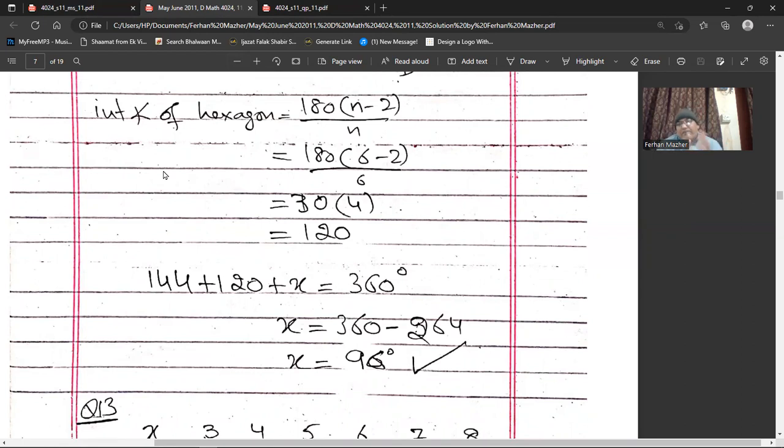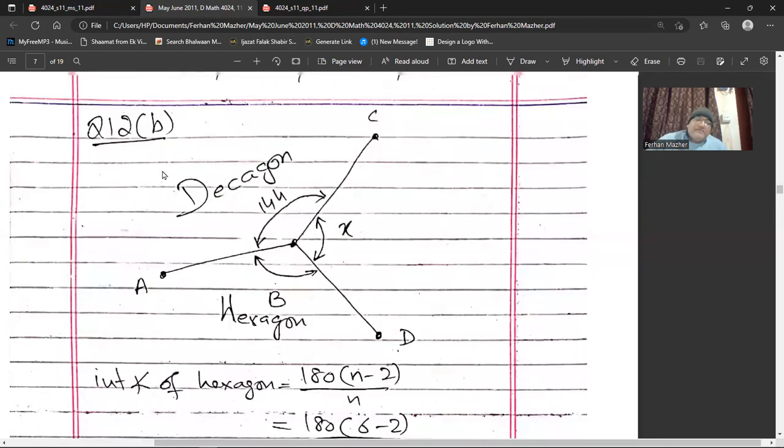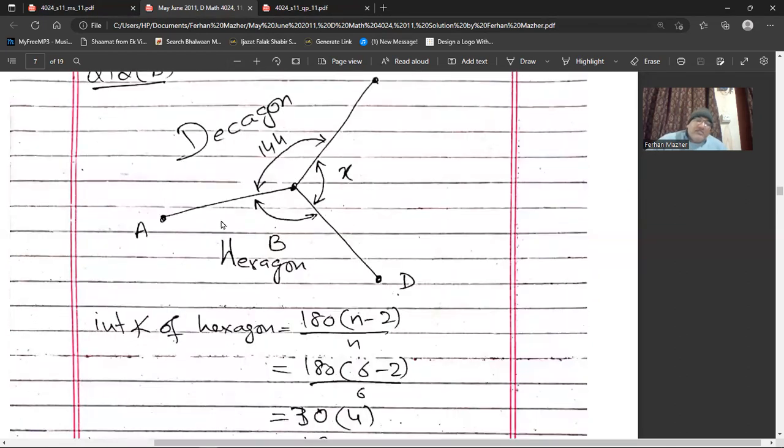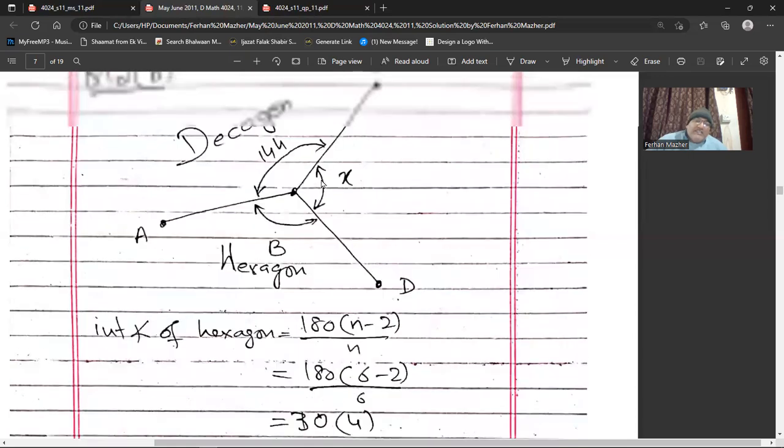In the place of n, I will substitute 6. So 180 into 6 minus 2 bracket close divided by 6, and that will be 30 into 4, and that will be 120. So this angle is 144, this will be 120, and this is the question.